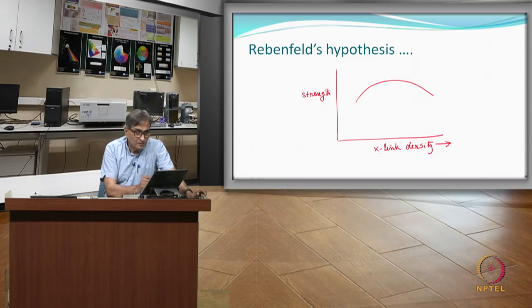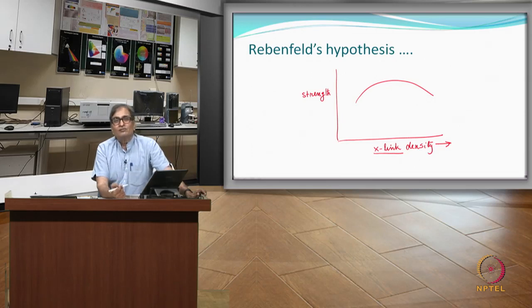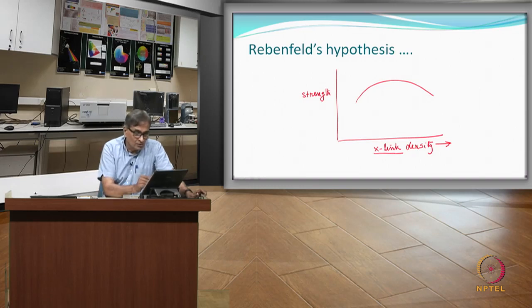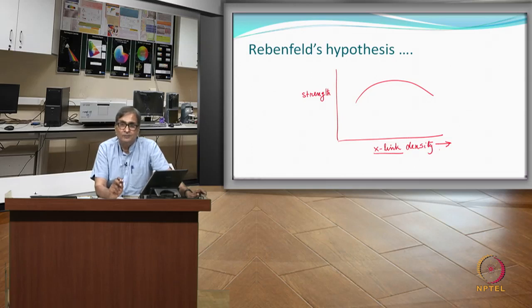In this term called the crosslink density, he has assumed any type of intermolecular forces, including hydrogen bonds, including crystalline regions, including covalent crosslinks, everything which offers a resistance to movement of molecules was considered as a crosslink density, not necessarily only covalent, right.